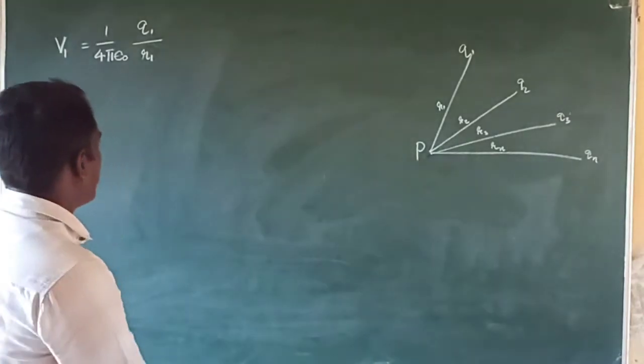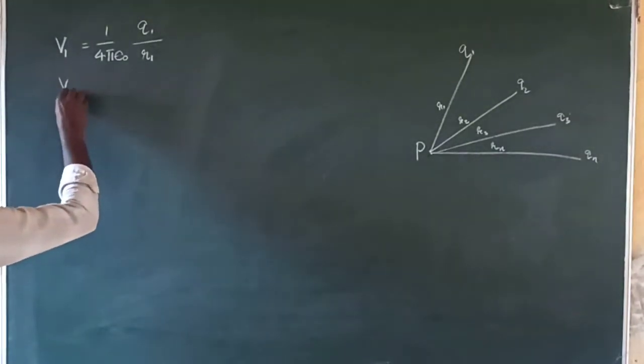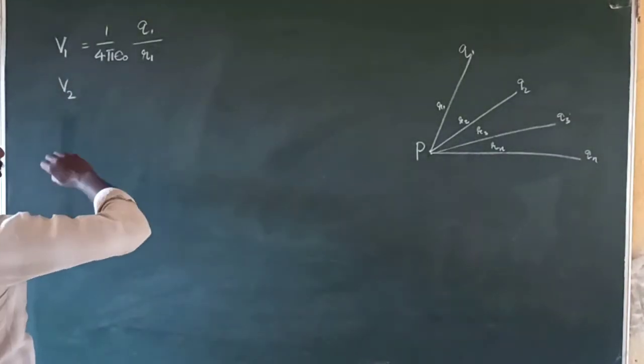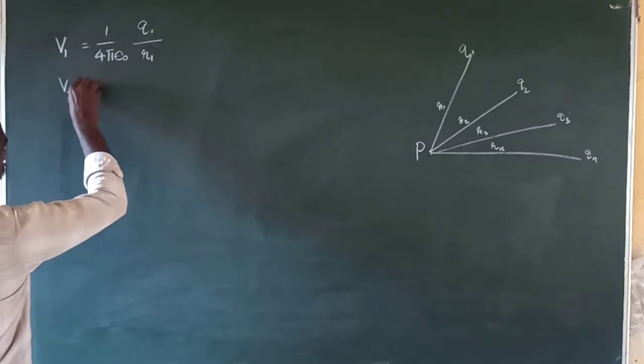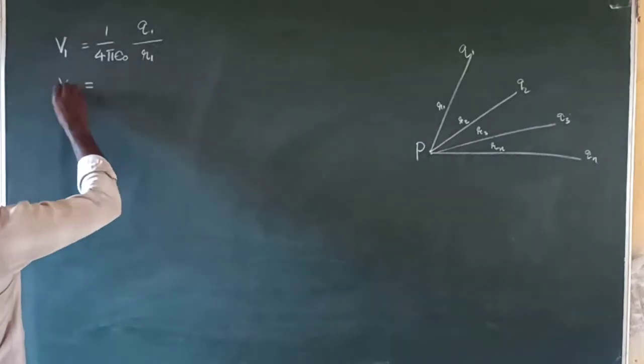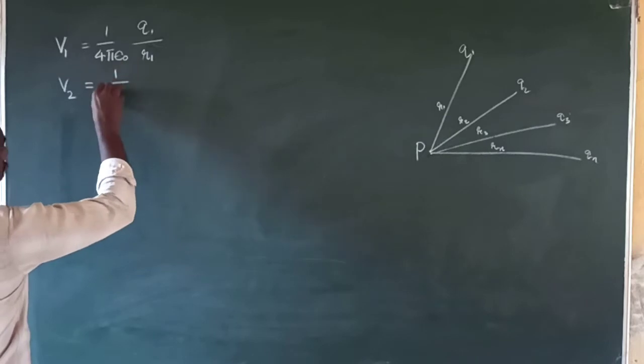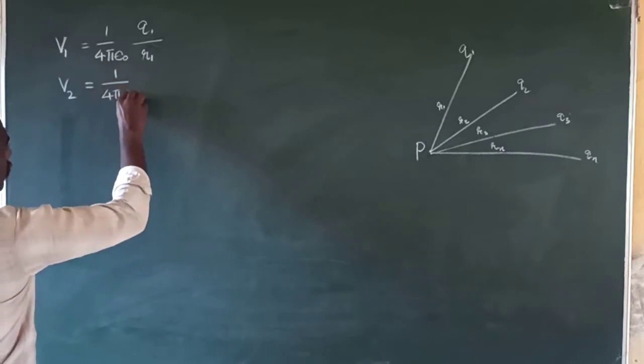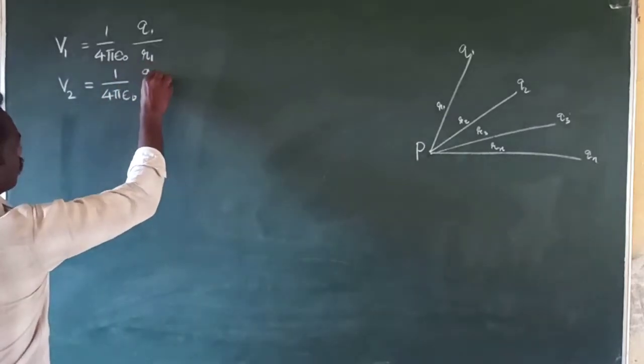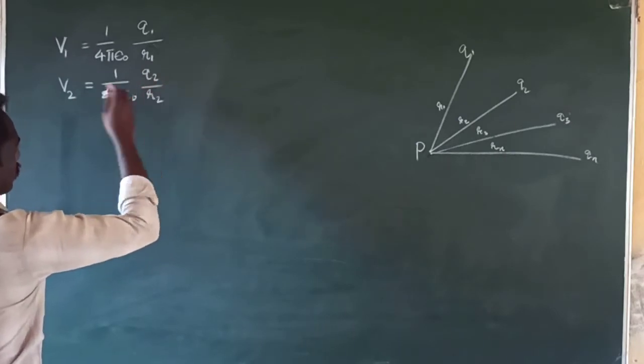The potential of point charge Q2 can be represented as V2, that is 1/(4πε₀) × Q2/R2.